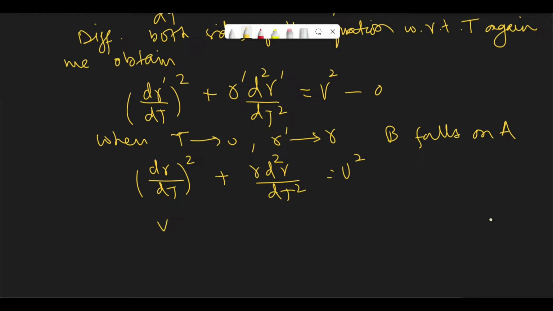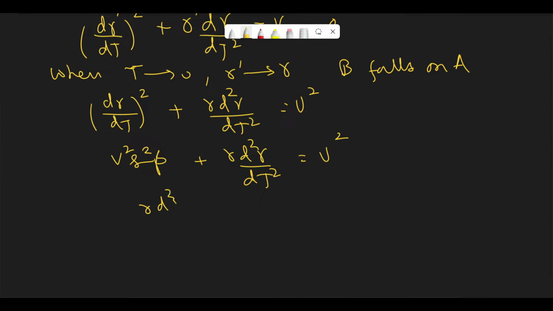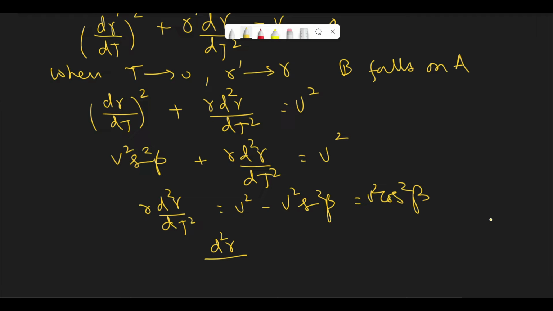So putting the value of dr over dt, v square sine square beta plus r d square r over dt square is equal to v square. d square r over dt square is equal to v square cos square beta over r.